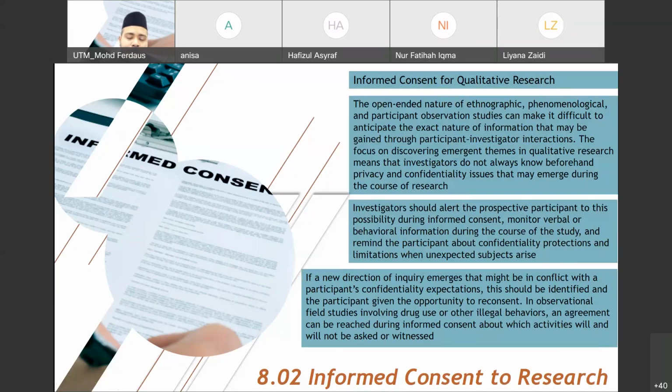For example, the open-ended nature of ethnographic, phenomenological, and participant observation studies can make it difficult to anticipate the exact nature of information that can be gained through participant-investigator interaction. Qualitative research is not limited to interviews, whether one-on-one interviews or focus group discussions; it also involves more open-ended methods, such as ethnography.